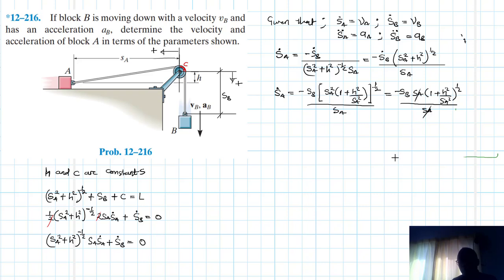So this and this cancel out, and what we have is minus SB dot times 1 plus H squared divided by SA squared, to the power half. So we have this one.